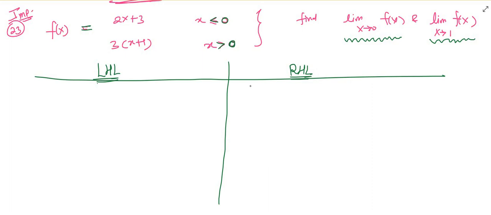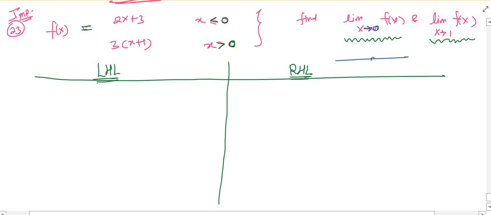Okay. What is the meaning of LHL? See here, they are asking for the limit tending to 0. LHL means left side of 0, and RHL means right side of 0. This is what they are asking.